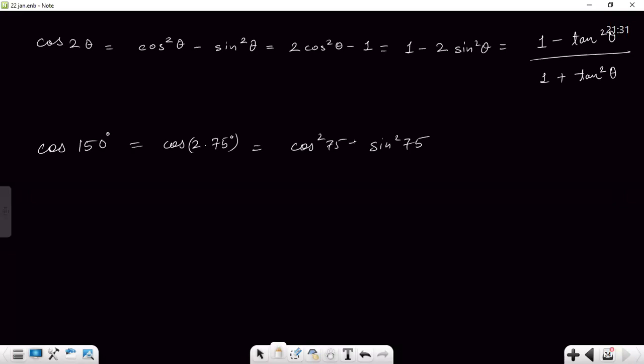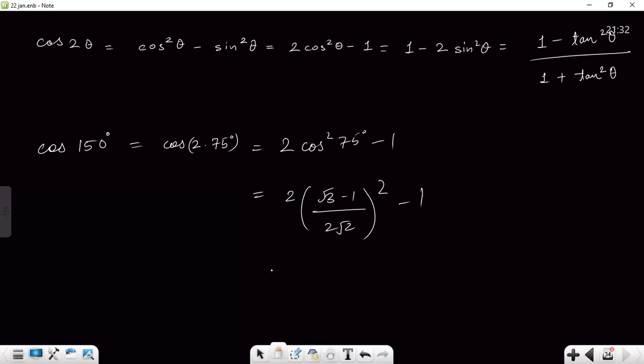Instead of finding both, you may also write it as 2 cos square of 75 degrees minus 1. Now, what is cos 75? It is equivalent to sine 15, which is (root 3 minus 1) divided by 2 root 2, whole square, minus 1. So it becomes easy for you. Otherwise, we can also find it by writing 180 minus 30. Yes, we can do that, but I'm just giving you an example. This is how we can apply formulas.